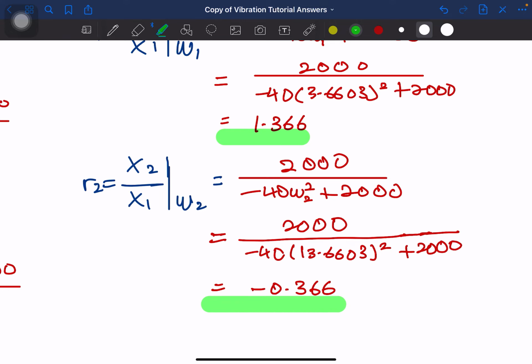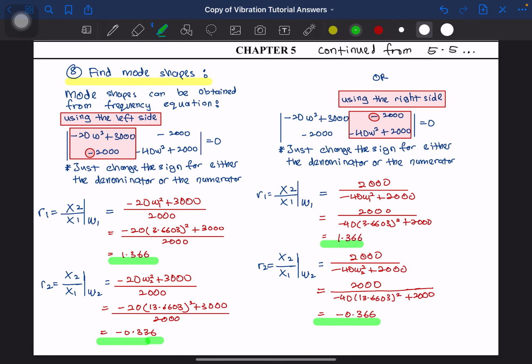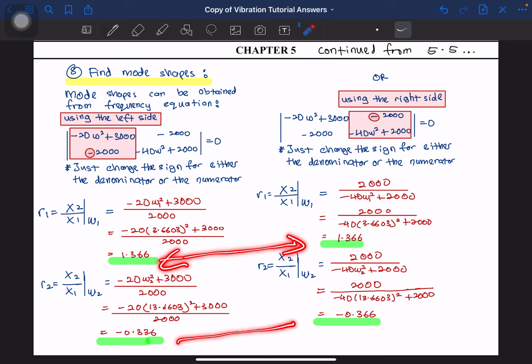As you can see, whether you use the left side or the right side of your frequency equation, you'll get the same answer.